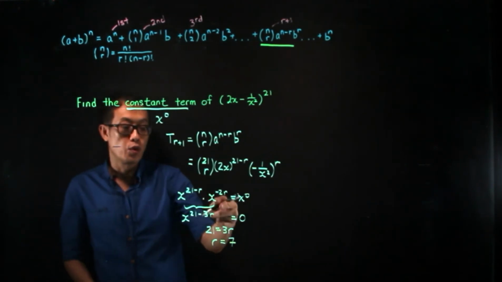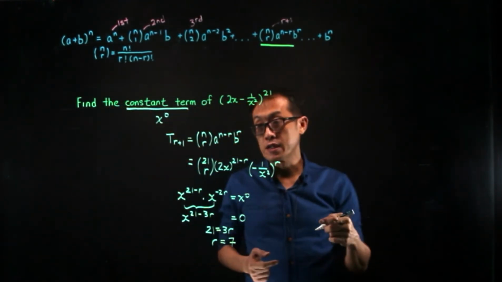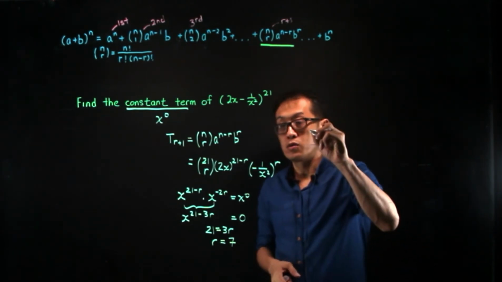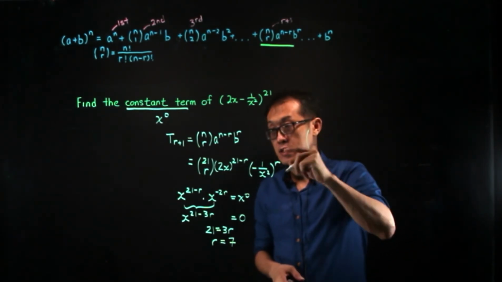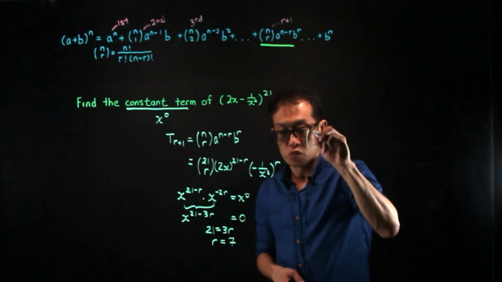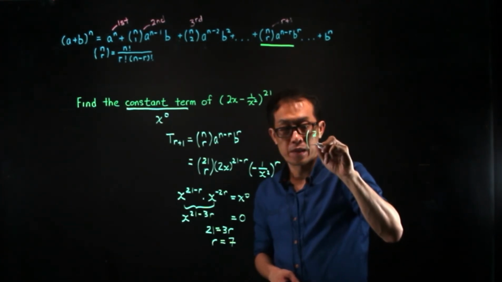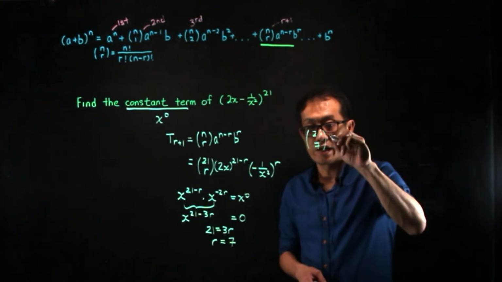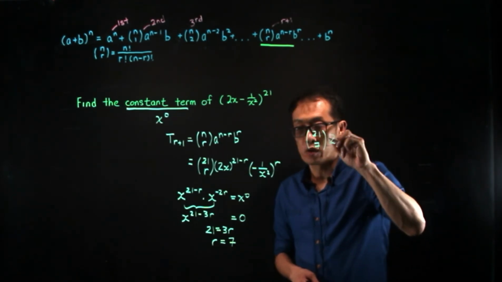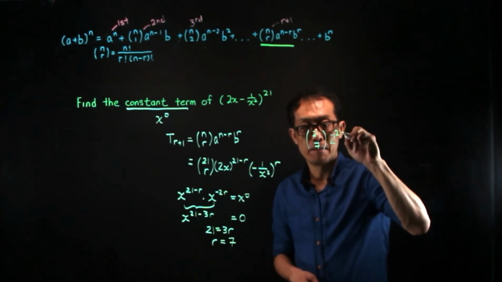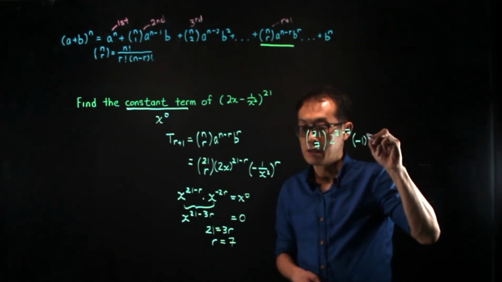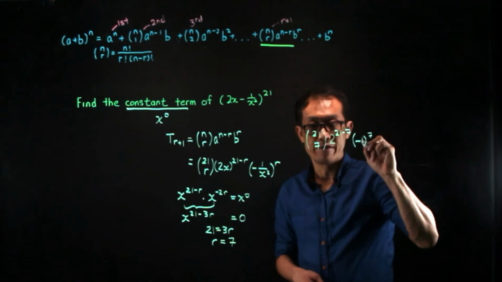Okay, so you want to find the constant term. You need to find the coefficient. So the constant term will be 21C7, then over here 2 to the power of 21 minus 7, then minus 1 to the power of 7.